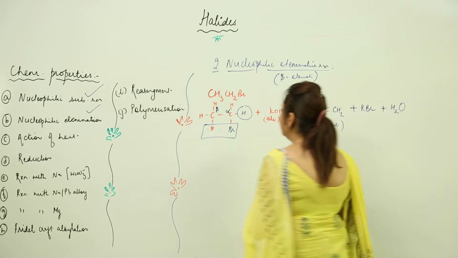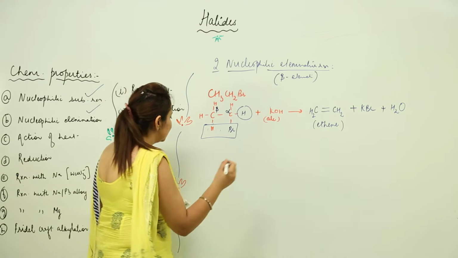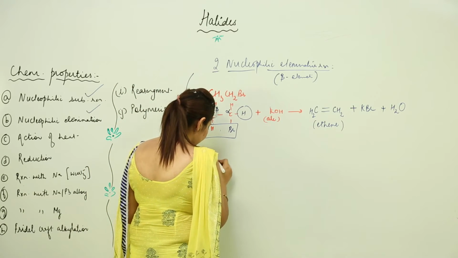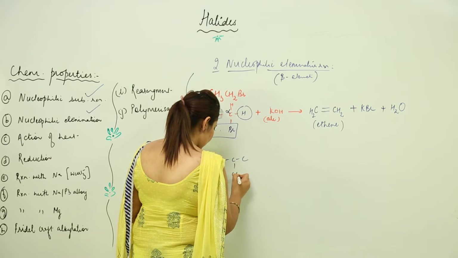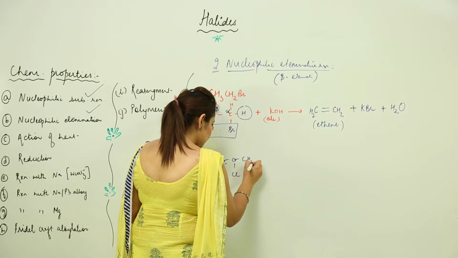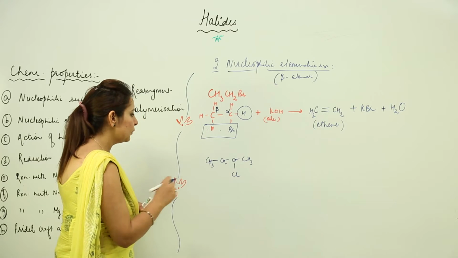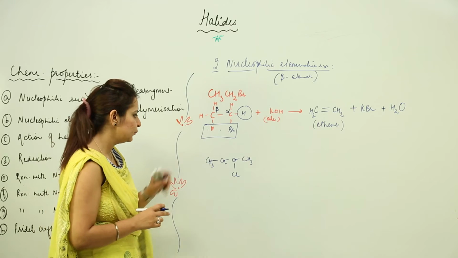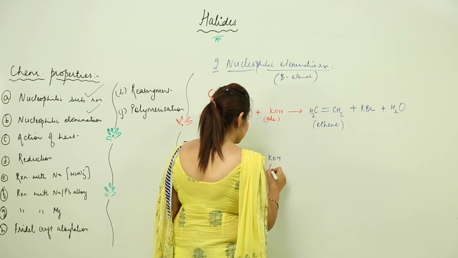Now one more thing, the case where you do not have a symmetrical structure. Let's consider one more compound like this. What is this? It is 2-chlorobutane. I am going to show an elimination through this.